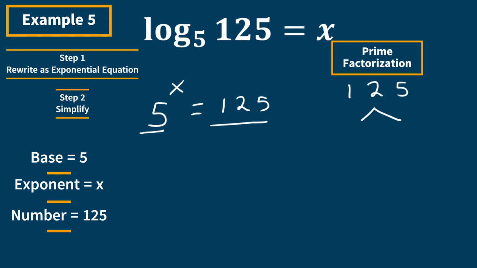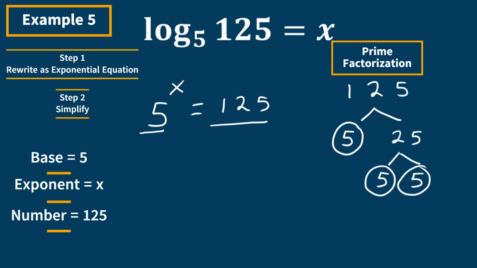So, 125 can be broken down into 5 times 25, and 25 can be broken down into 5 and 5. If we're looking at our factor tree, we can see that there are three 5s.